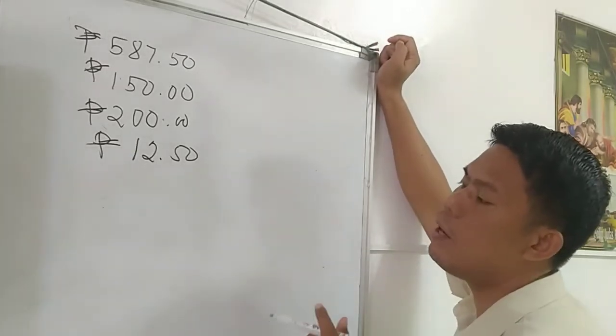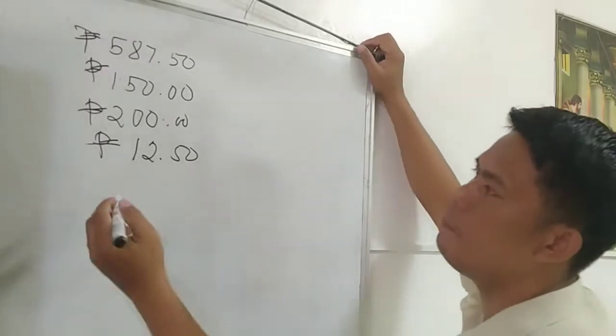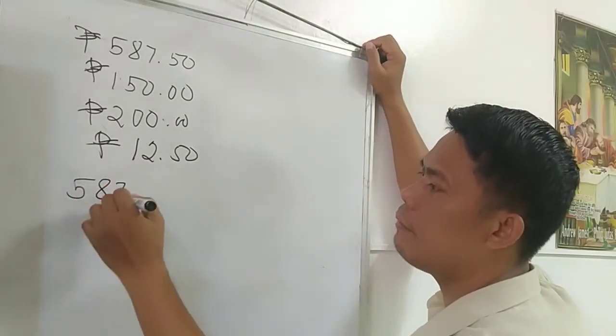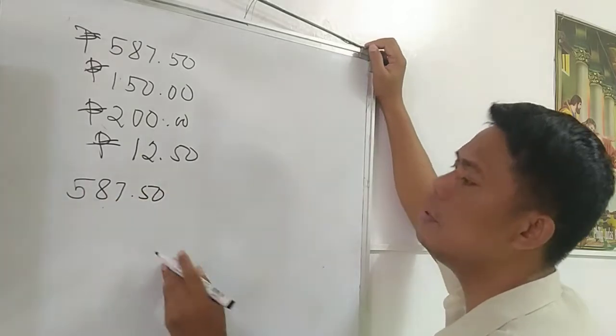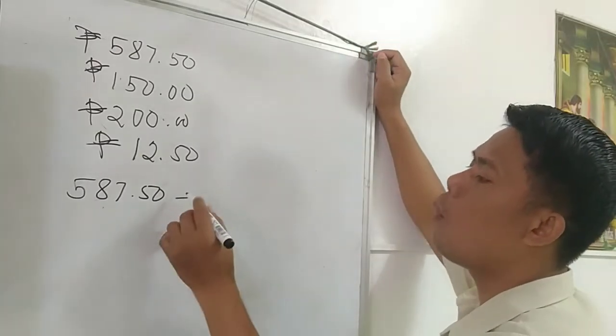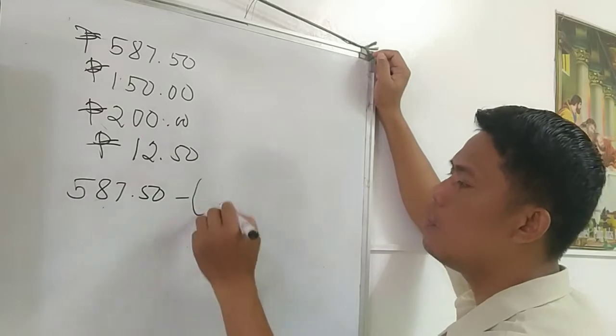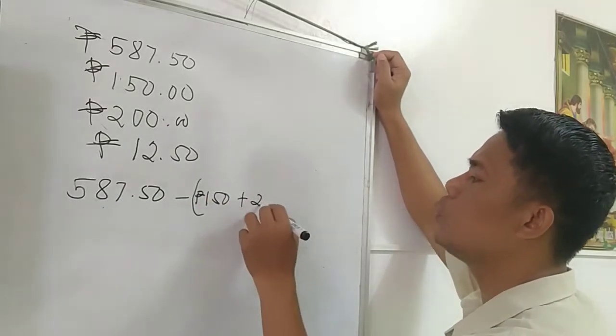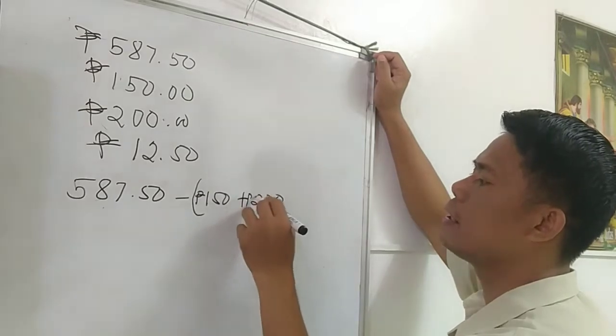Okay. So now our number sentence, we have 587 and 50 centavos minus the quantity of 150 pesos plus 200 pesos.